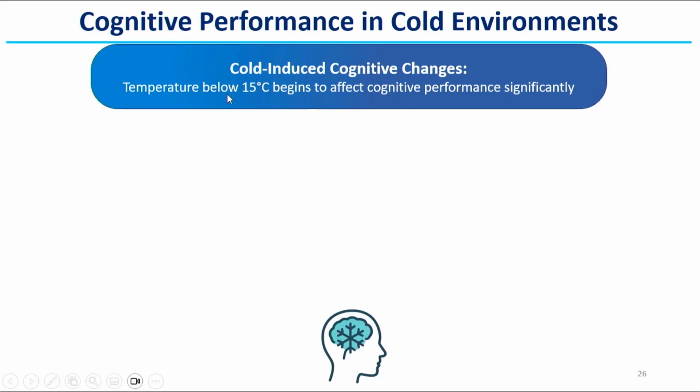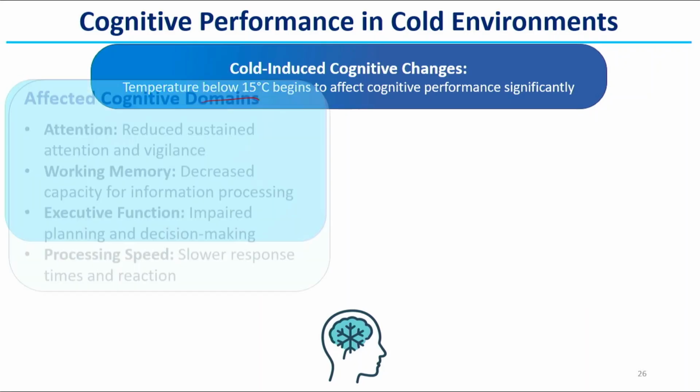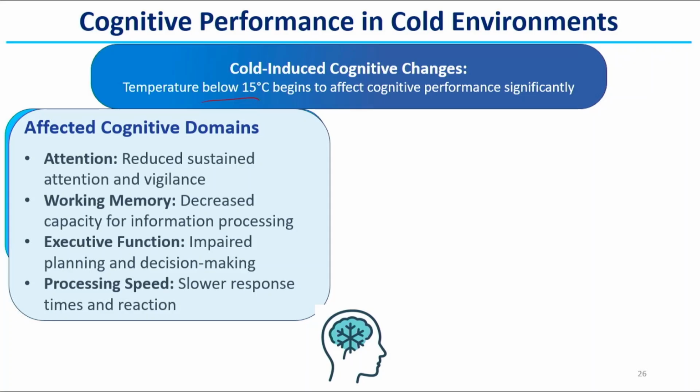Now, cold-induced cognitive changes. What are the different types of cognitive performance effects in a cold environment? Temperature below 15 degrees Celsius begins to affect cognitive performance significantly. Above that we are not getting affected. What are these effects? The domains are attention reduction and vigilance.